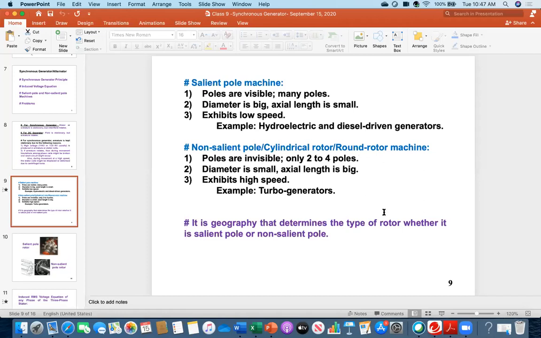Now the coronavirus pandemic is going on, so we cannot visit any power plant. But later, if you get any chance, even through IEEE, if you visit any power plant, then definitely you can see whether they are using non-salient pole or salient pole.